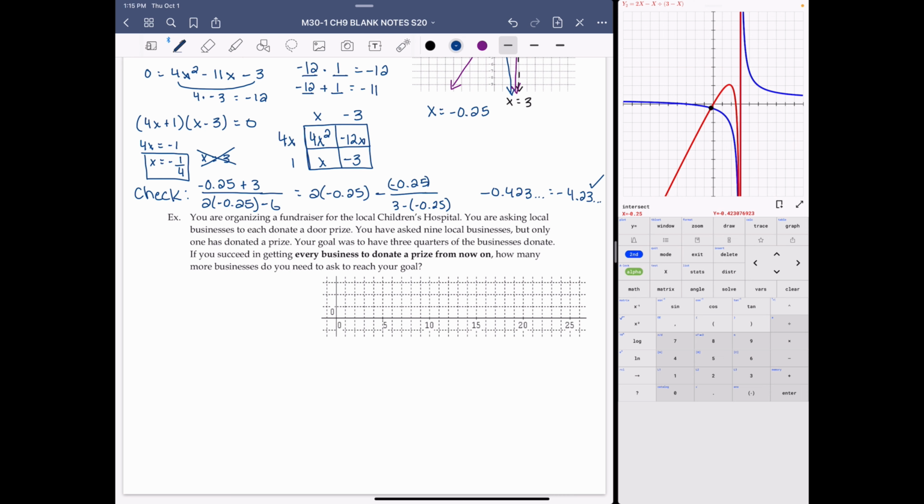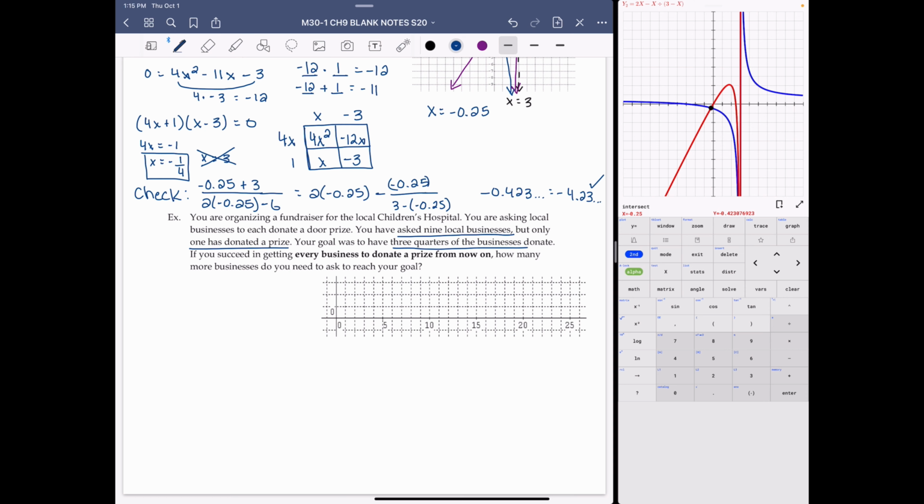Let's look at the information that we have. So we've asked 9 businesses. Only 1 has donated a prize. Our goal is 3/4 of businesses donate. And from now on, every business that we ask is going to donate. So we want to know how many businesses we need to ask.